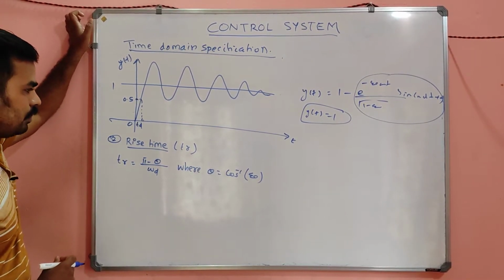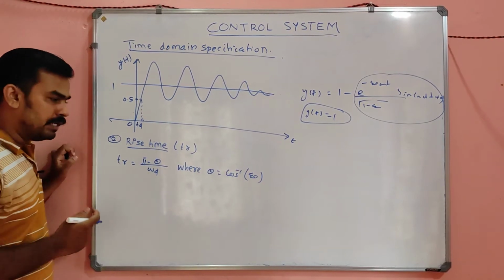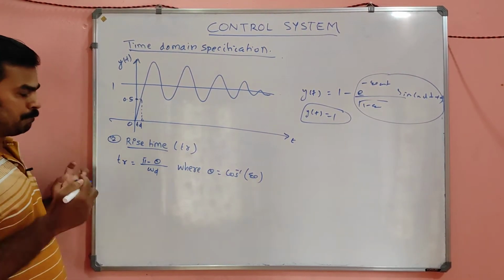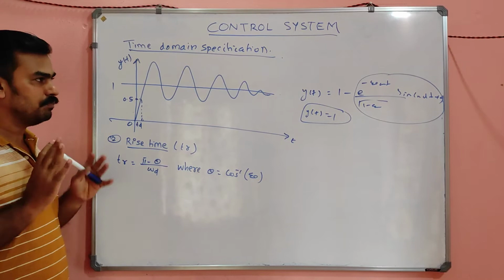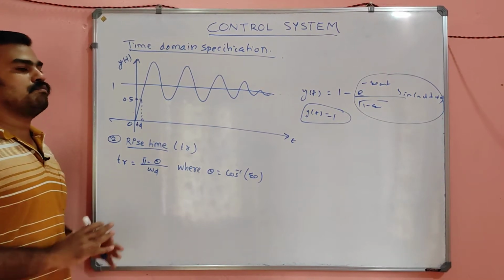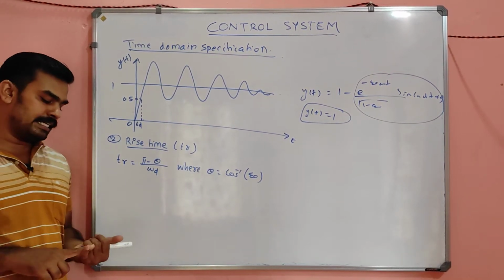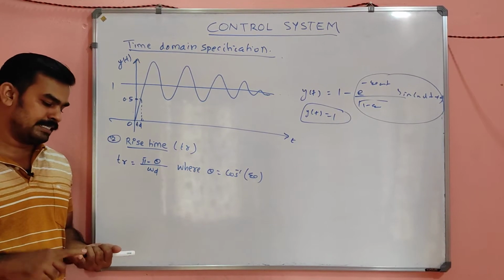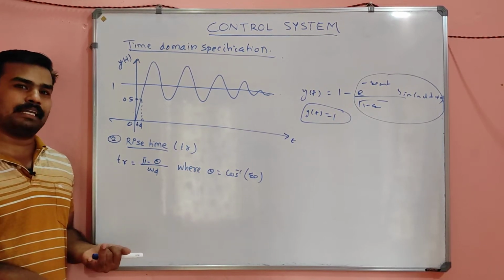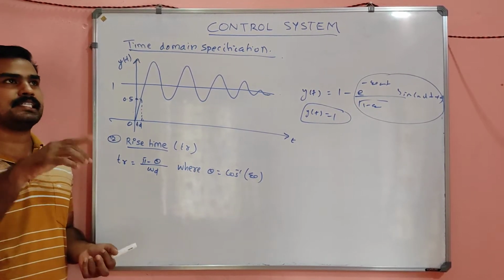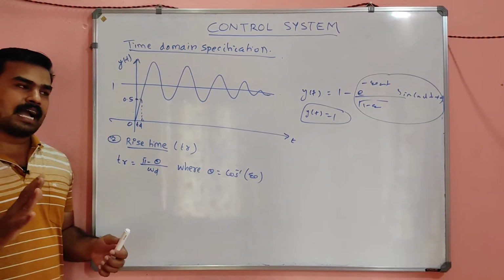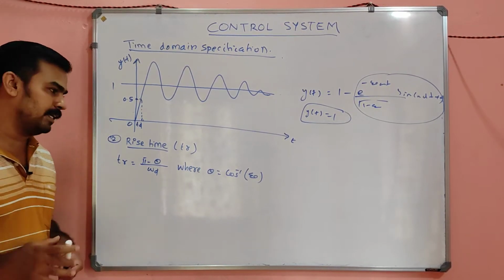And this rise time can be defined in 3 ways, my dear. It is very, very important that you listen, because in one textbook you may find rise time as 10 to 90%. In some it may be 5 to 95. In some you may see simply 0 to 100. And clearly, I will tell you what it is.